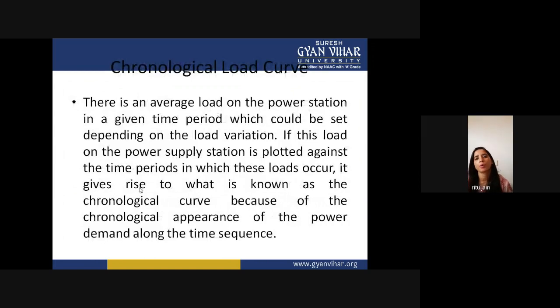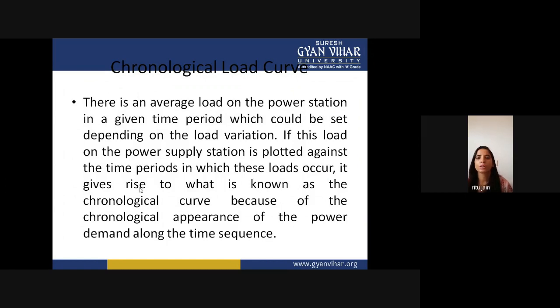Next, we come to the chronological load curve. It is also important. We have already seen the formula for average load. The average load on a power station in a given time period depends on the load variation.